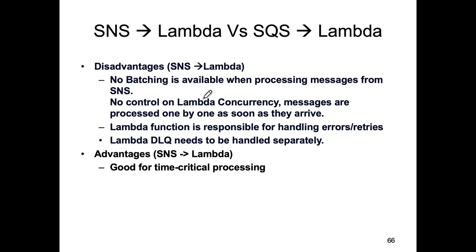So if there's low traffic, I suppose, then going from SNS directly to Lambda is fine. But if it's a high volume of messaging, then inserting an SQS queue is probably the better option.